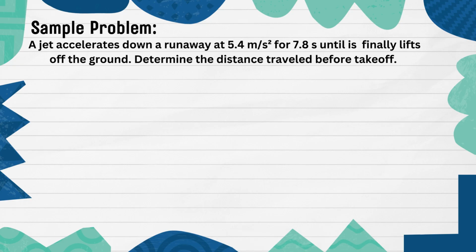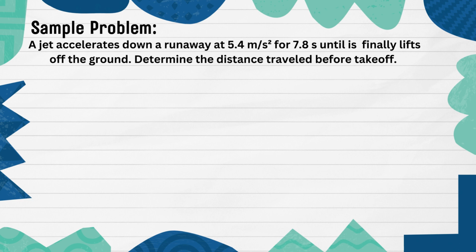So here's one example of a kinematic equation. A jet accelerates down a runway at 5.4 m/s squared for 7.8 seconds until it finally leaps off the ground. Determine the distance traveled before takeoff.